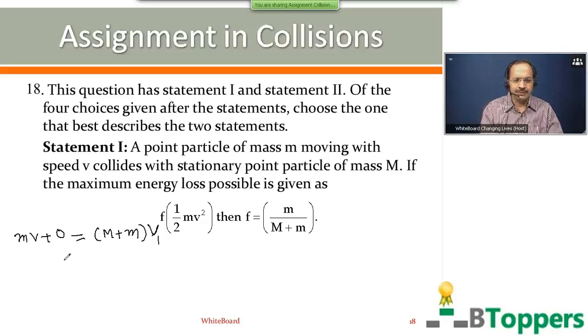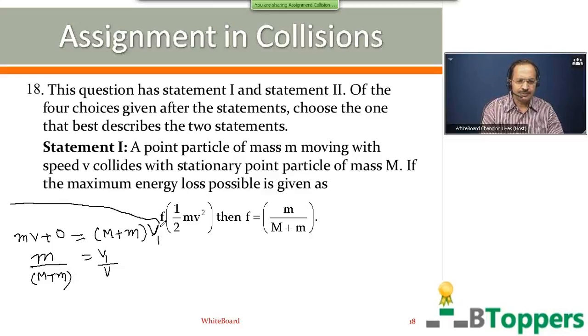So to find the ratio of the final to initial kinetic energies after and before collision, you have to find the ratio of the final and initial speeds after collision and before collision. So v1 by v, you can write, is small m by capital M plus small m. So the ratio of the final kinetic energy after collision to the initial kinetic energy before collision, I write it as Kf by Ki.